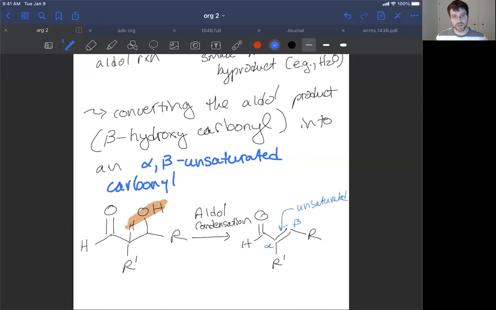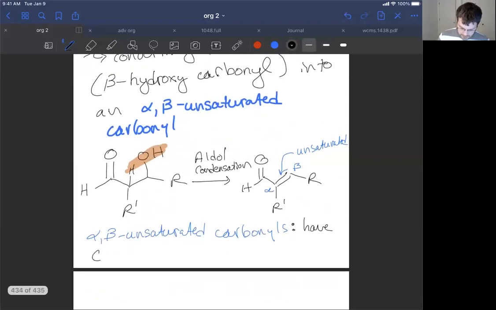So alpha beta unsaturated carbonyls have a C=C double bond between the alpha and beta carbons.